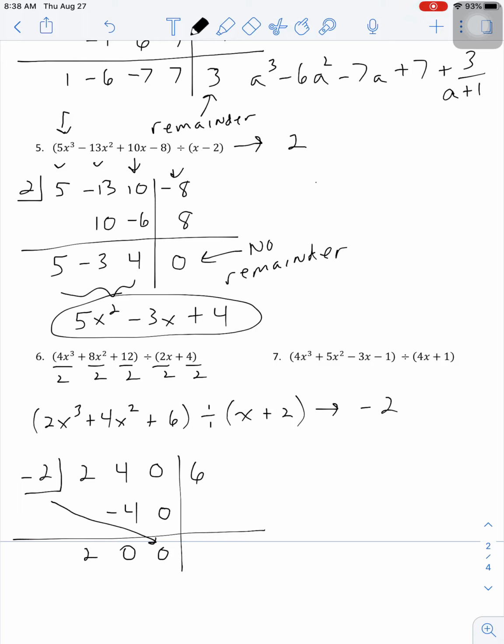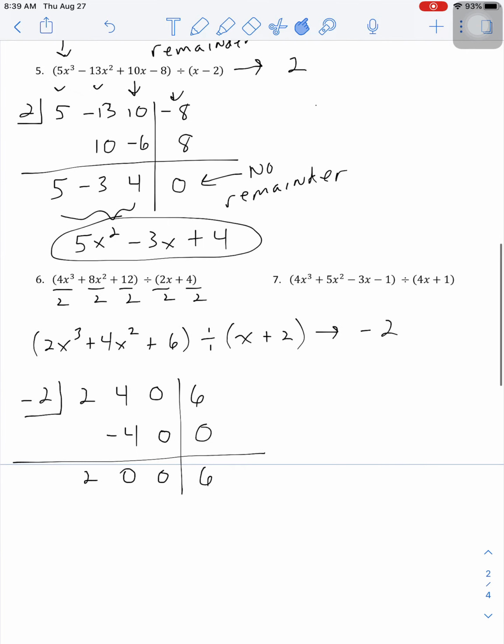And then -2 times 0 is 0. 6 plus 0 is 6. And then you're ready to kind of write your answer here.